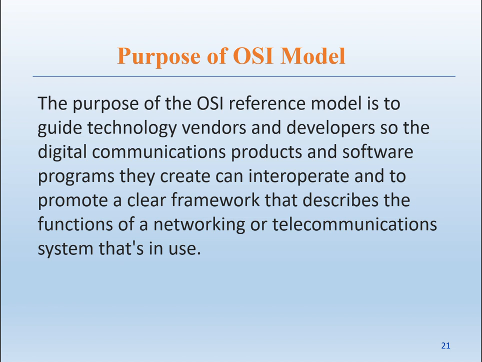The OSI model is a theoretical model, while the TCP/IP model is the practical implementation that is used on the internet. The OSI model has 7 layers, whereas TCP/IP has 4: application, transport, internet, and network access.